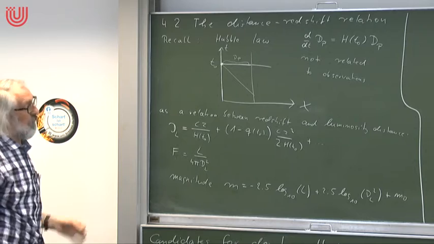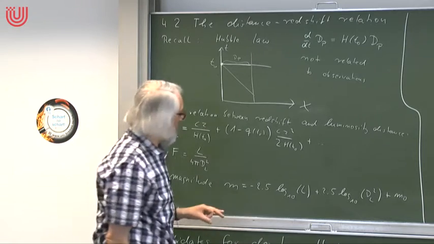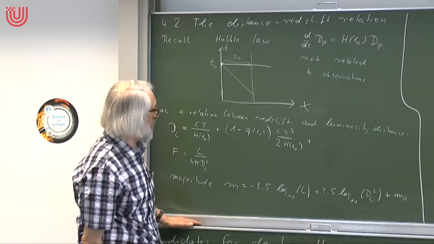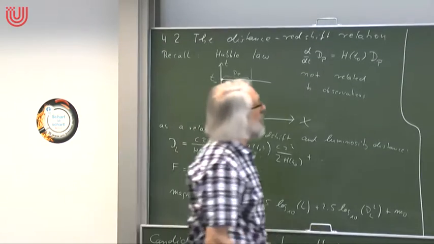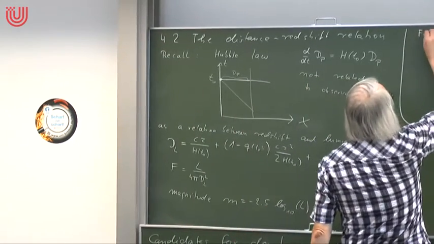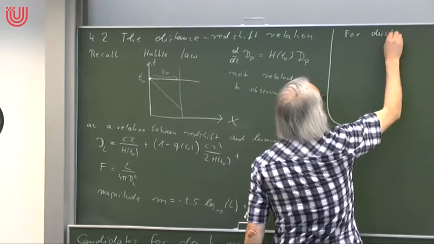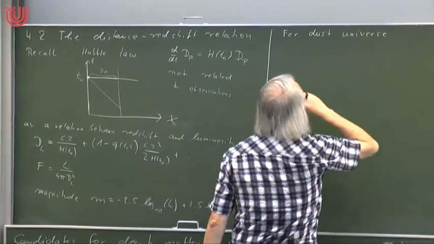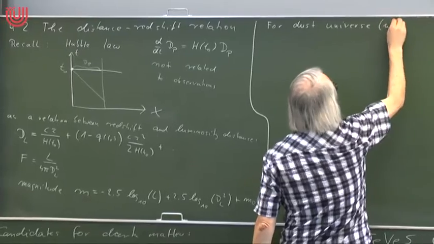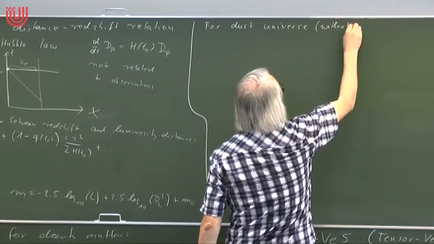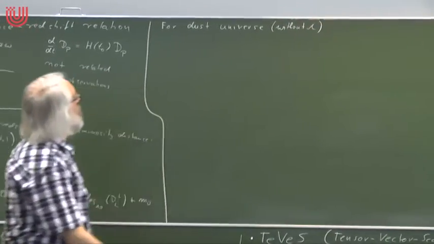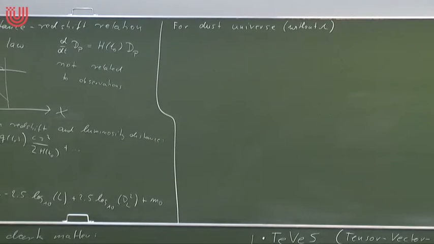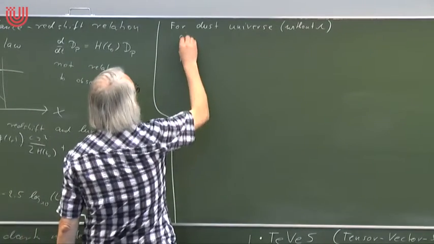If you do make an assumption on the matter content, then you can make stronger statements. And we have done this in great detail for a dust universe, a dust universe without a cosmological constant. Pure dust, nothing else. Remember the solutions, we have discussed this in great detail.